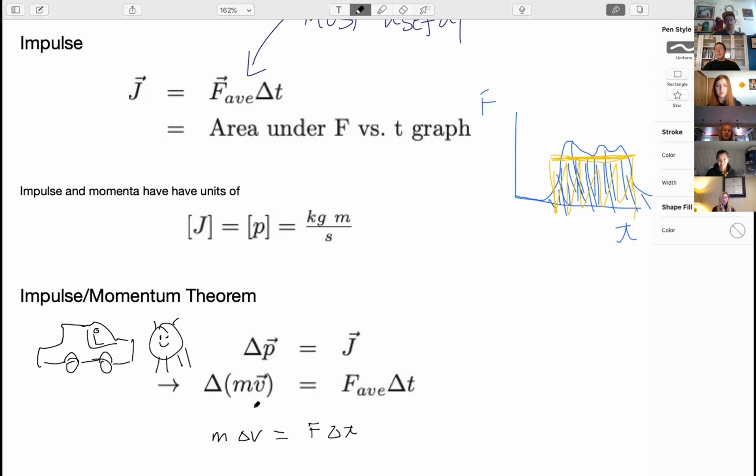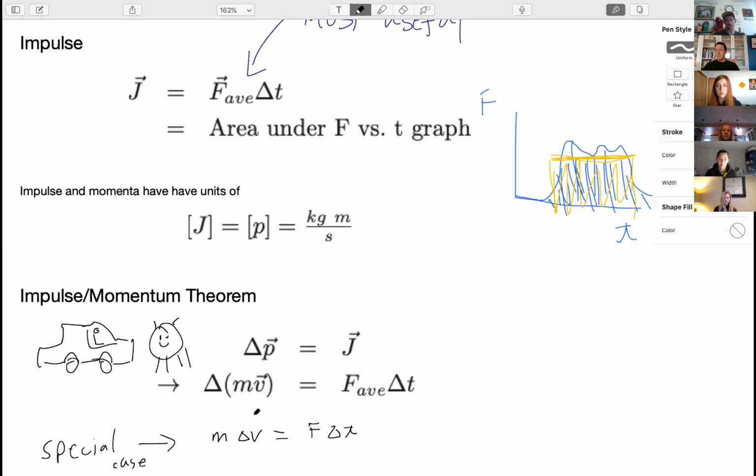So in reality, this is not quite true. These two are only equal if mass is constant. So there's a slight jump here. The one above is true no matter what. This one is sort of a special case. Okay. Now you say, when does mass change? Well, we just came out of Thanksgiving.